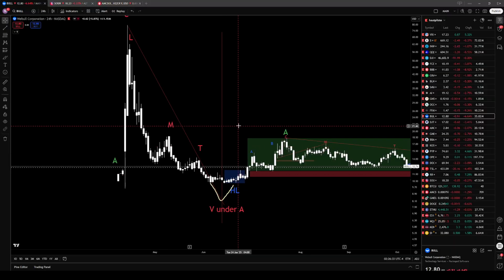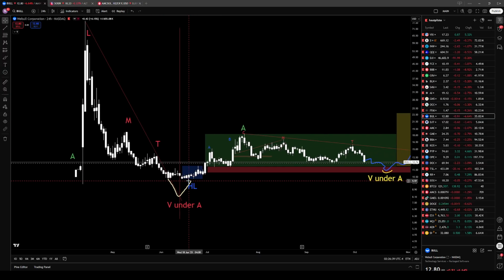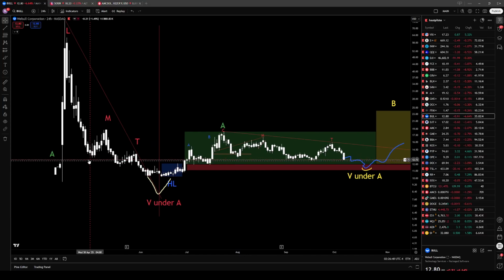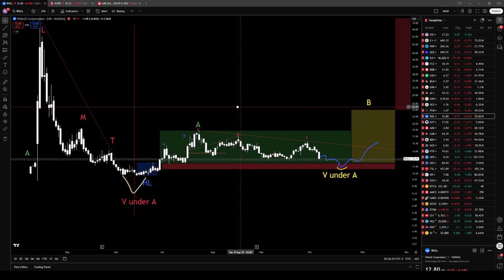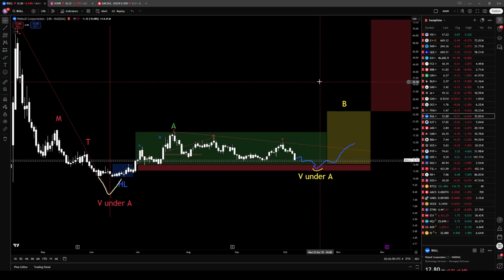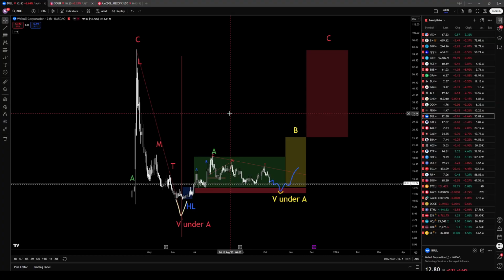That would mean we are doing this from the right side to the left side. And right now, we are in this fall. So this V under A would be here. And after that, you have a very steep climb. So this could be quick. Could be.